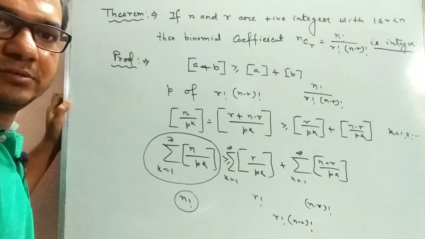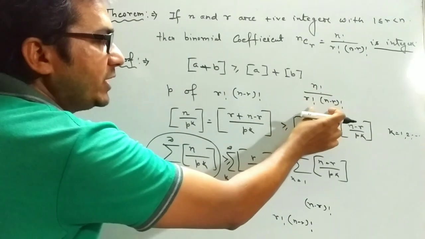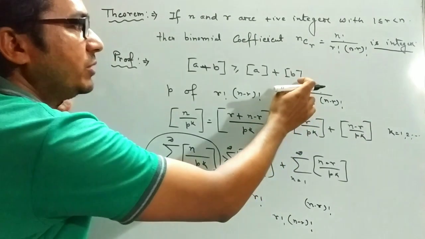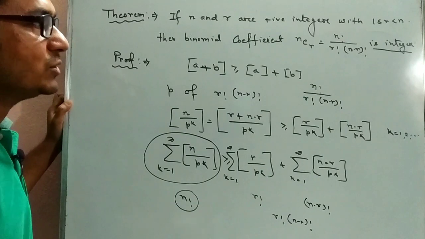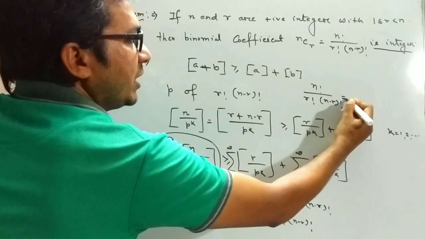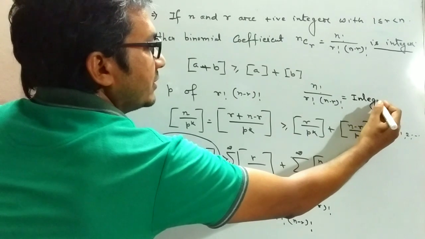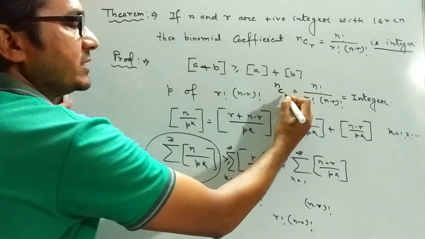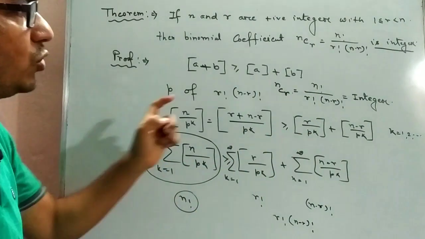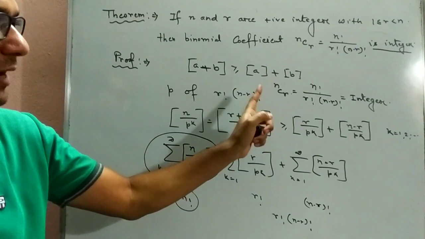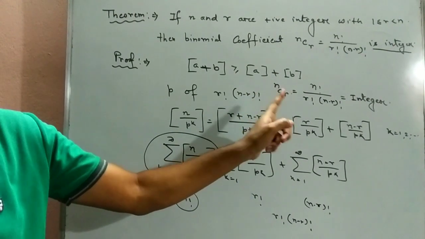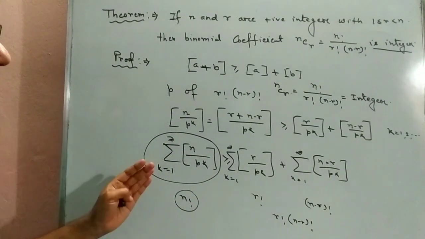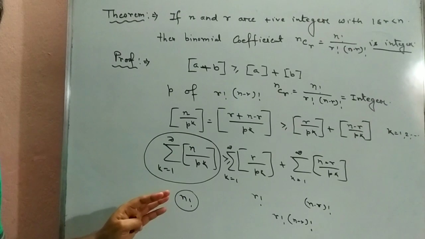That is, the denominator is cancelled with some factor of the numerator. Right? So this becomes an integer, and this is equal to nCr. So we can clearly say that the binomial coefficient nCr becomes an integer. Okay, very interesting and important logic.